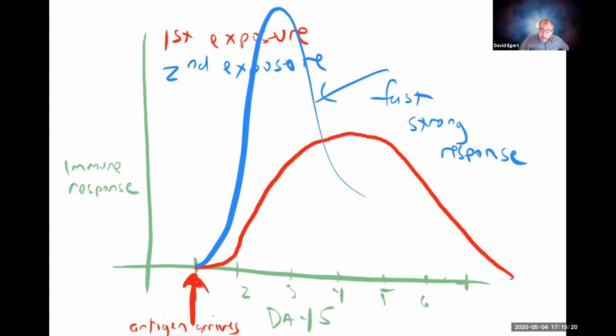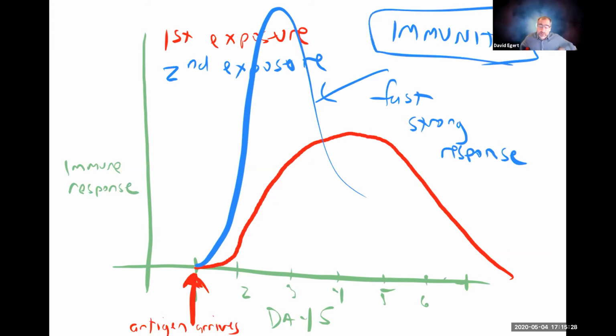So this is what we call immunity. Immunity is this memory of the antigen. If your body sees an antigen it has already seen, you don't get sick because you have this fast, strong response that takes it out before it has a chance to make you sick.